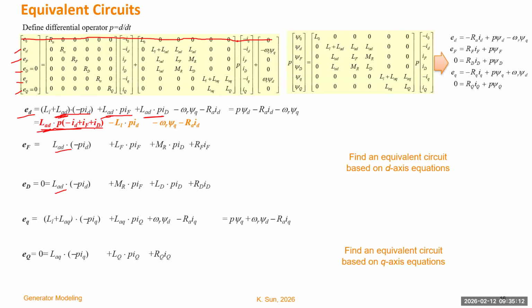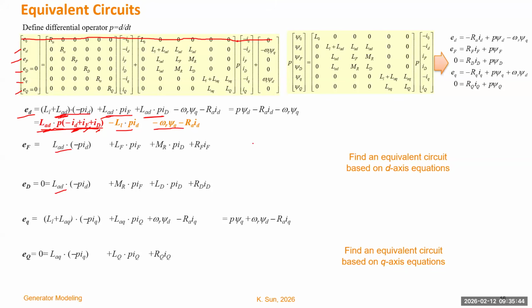They all merge to the first item. So this first item tells that part of the voltage drop of ED is equal to this inductance multiplied by the change of the three currents, right? One is the stator current in the D axis, and the field current and the damper winding current. Okay, and then for the remaining items in the equation, I just color them in orange.